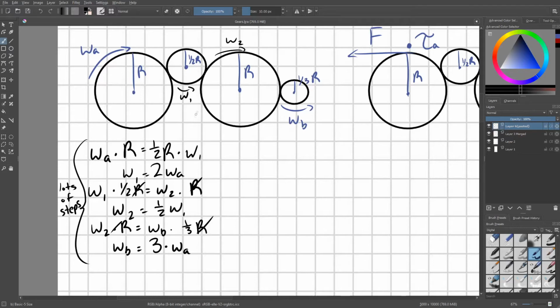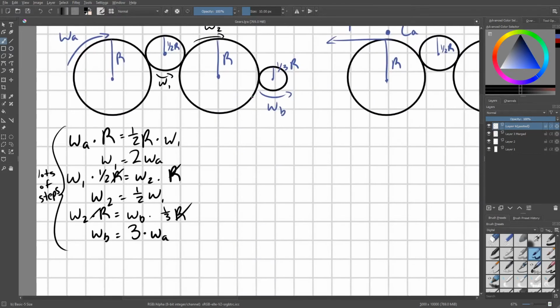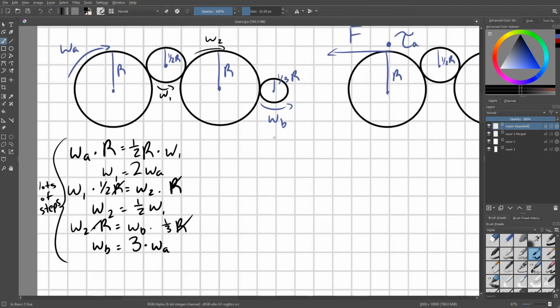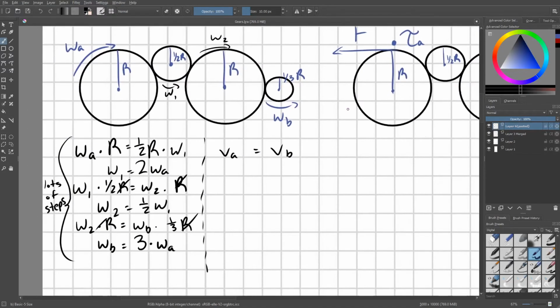If we're not losing energies across these gears, then we can say that VA is still going to be equal to VB, or at least the magnitudes of those velocities are going to be equal to each other. The directions change, right? But the magnitudes.